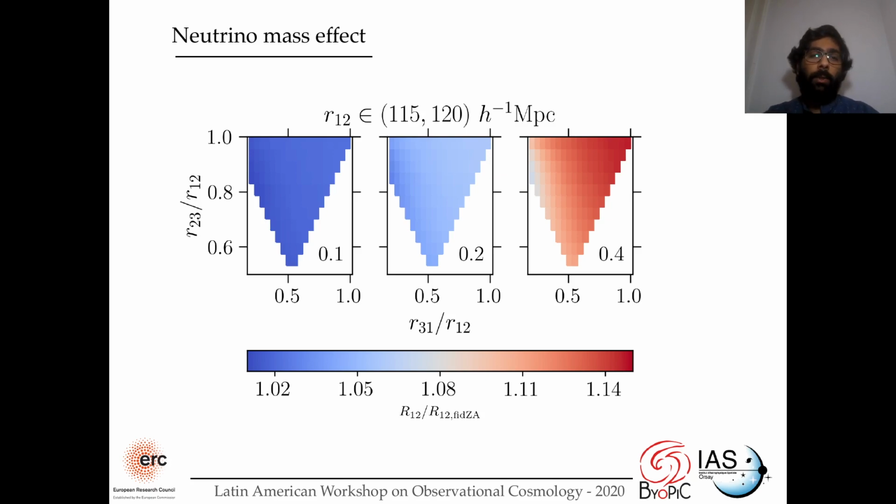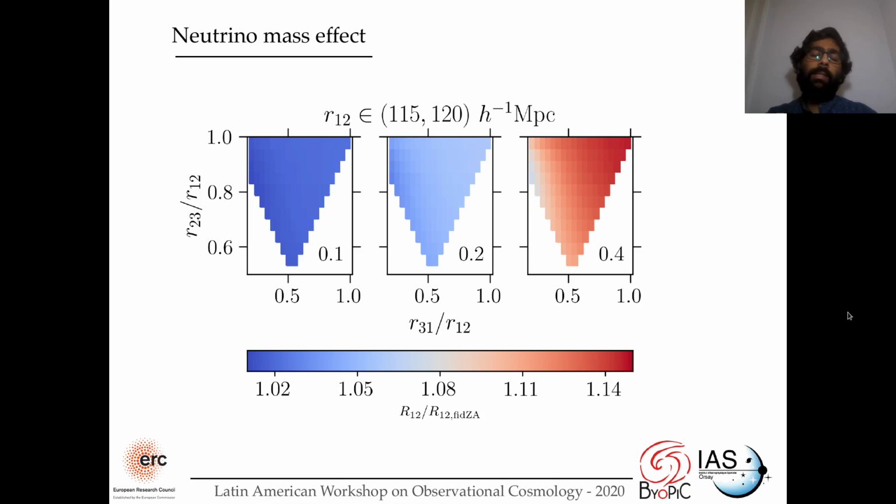We have fixed the triangular side R12, as shown on top of the plot. The x-axis is the ratio R31 divided by R12, and the y-axis is R23 divided by R12. For example, the top right part of the plots corresponds to equilateral configurations, and so on.